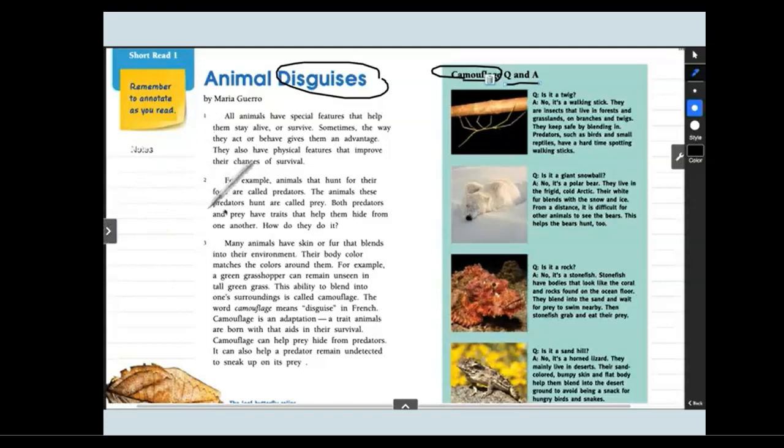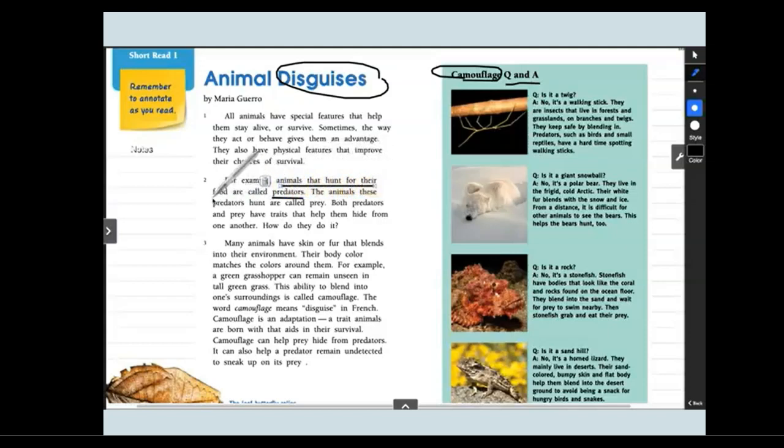All right, I found the word predators in paragraph 2. Now the words around predators tell me what predators are. They are animals that hunt for their food.